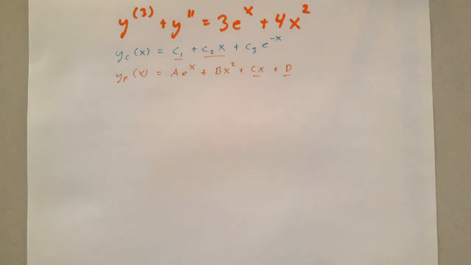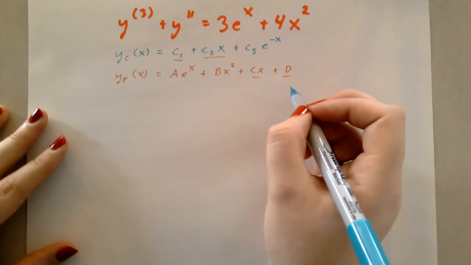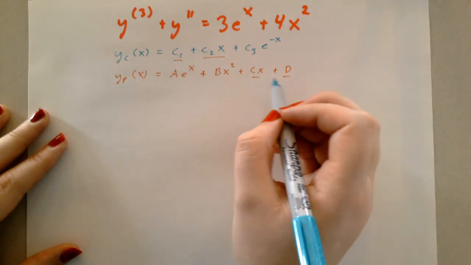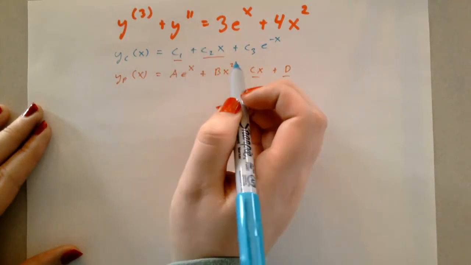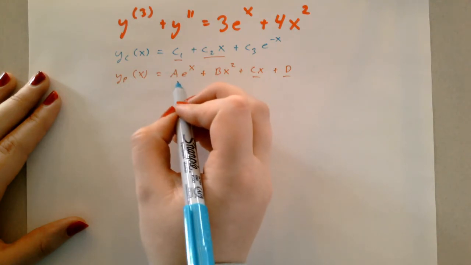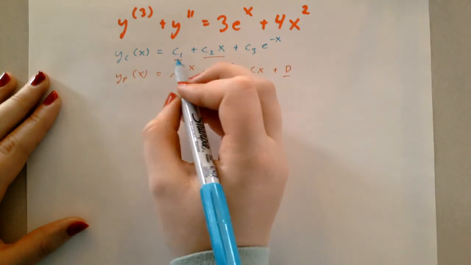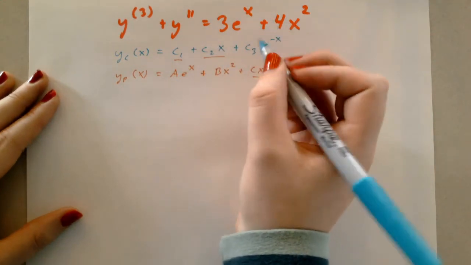So instead, what we can do to avoid this is multiply all of these terms by x squared to make sure that there aren't any duplicate powers of x in our particular solution and in our complementary solution. We don't need to worry about multiplying this term by x or even x squared because we already know that this term is directly analogous to this term.